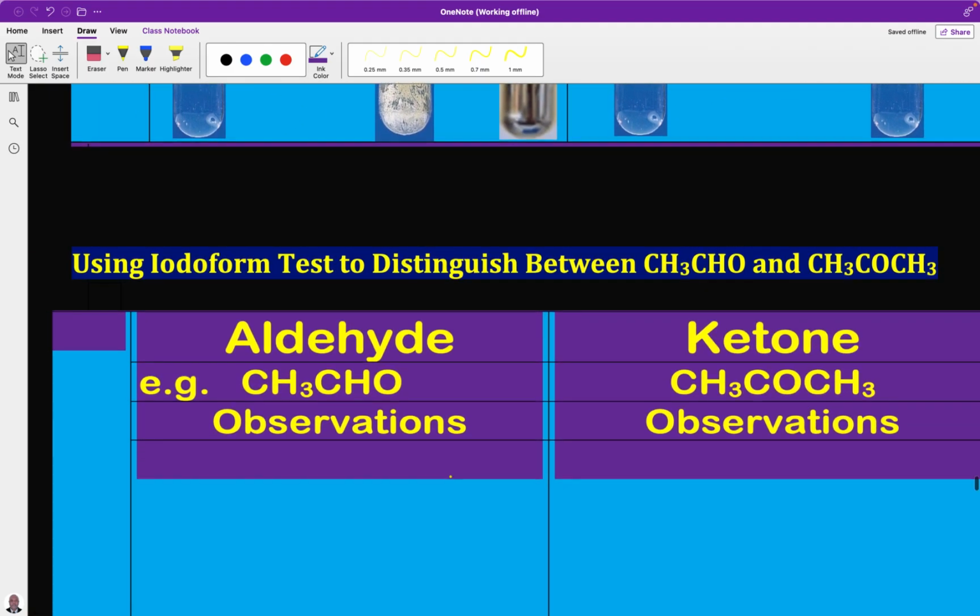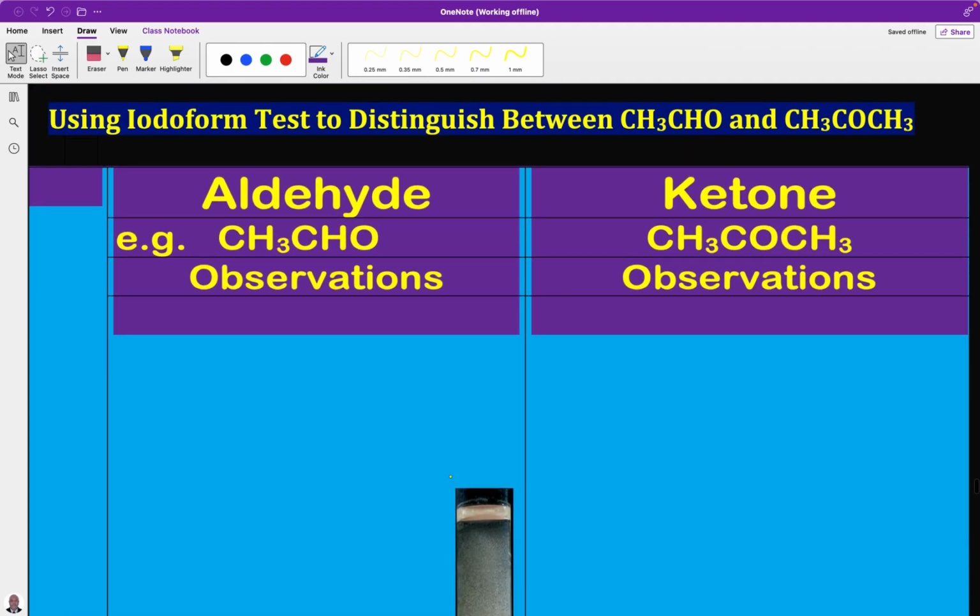The third test is the iodoform test. We can still use the iodoform test to distinguish between aldehyde and ketone.